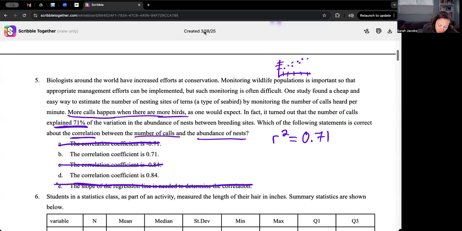The correlation is R. So I'm just going to make a little note here for y'all. This is the correlation. This is something we call the coefficient of determination.